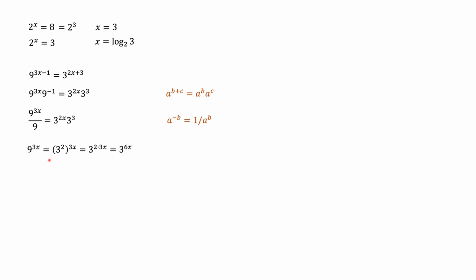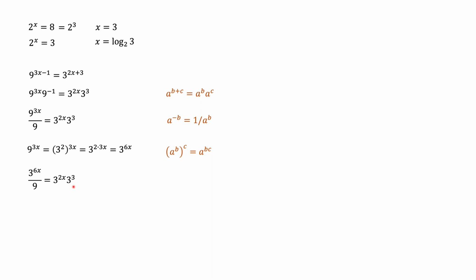So in this case, 9 to the power of 3x could be written as 3 to the power of 6x. And to get there, we need to use a third property of exponential functions, a to the power of b to the power of c equals a to the power of b times c. Now we're going to substitute this value instead of 9 to the 3x right here. That's what we're going to get.